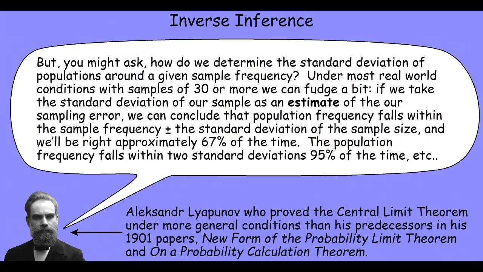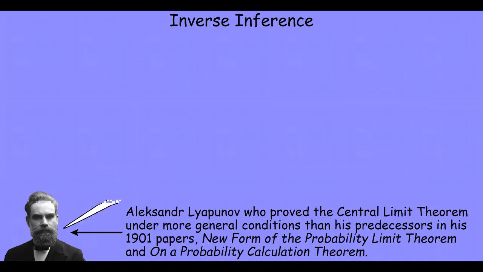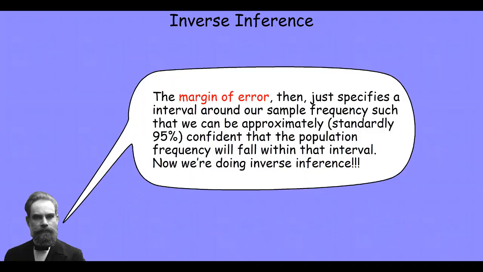And so now we're in a position to both manipulate the reliability of our inferences from samples to populations and to make reliable inferences from samples to populations. In doing so, we create an interval, and standardly we use the interval that's called the margin of error.